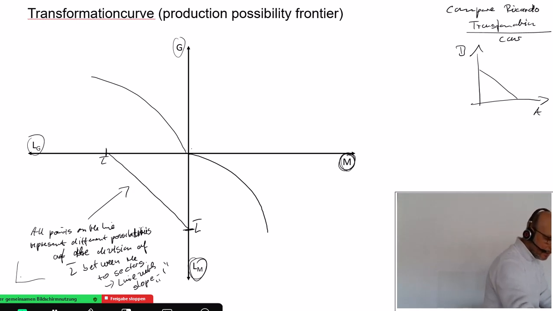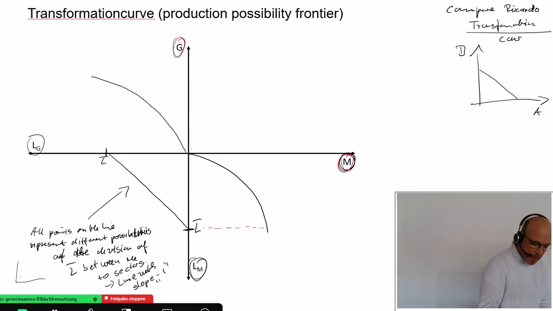So let's do the next one in red maybe. So what we are doing now is we want to draw every combination now of the output products G and M. And of course, we just can start with what would be the output in the situation when everybody is working in the industrial sector.